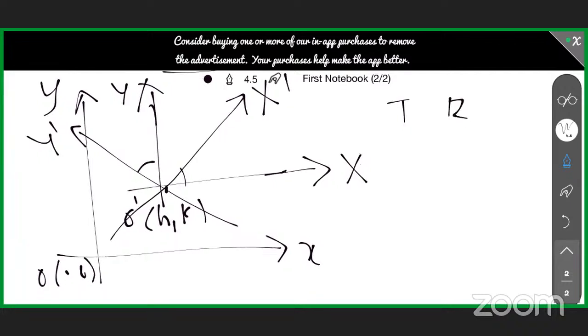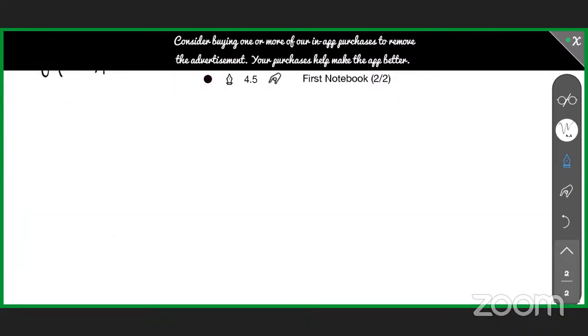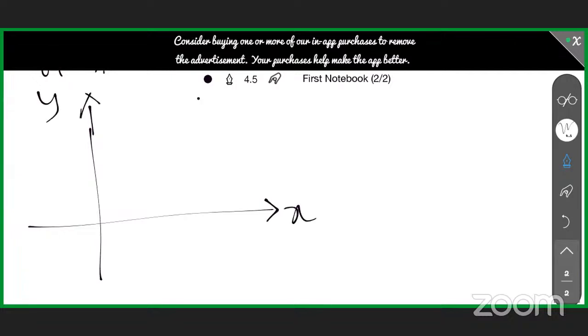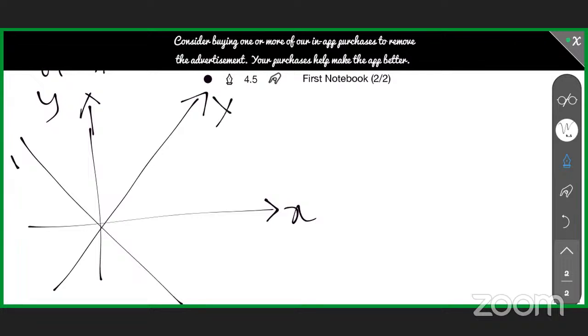Now, what happens when you do rotation first and then translation? So I am taking my x-axis and y-axis. I am rotating it. So this will become my x-axis, and this will become my y-axis.